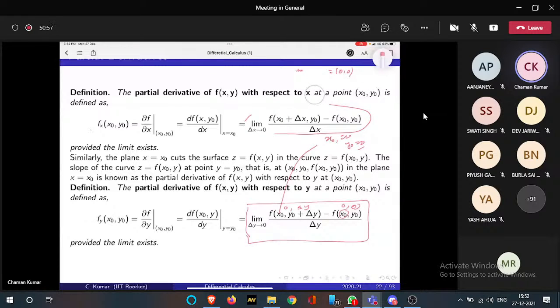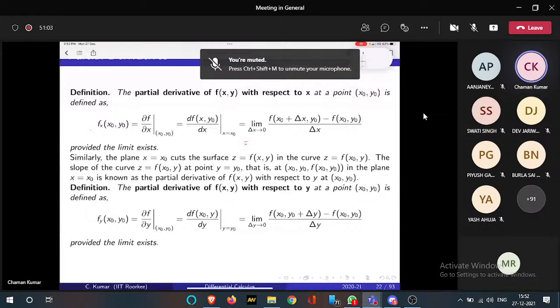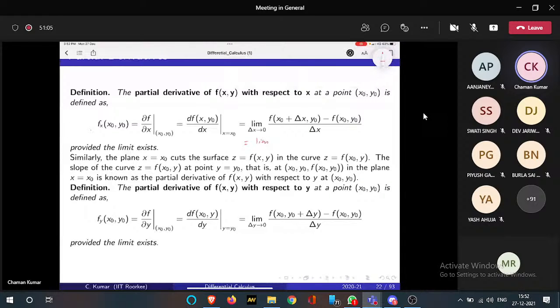If I take this at the point (0, 0), this will be the limit as delta x goes to 0 of f(delta x, 0) minus f(0, 0) divided by delta x, and delta x is approaching 0. This is how this limit is defined. This means that delta x is not 0.